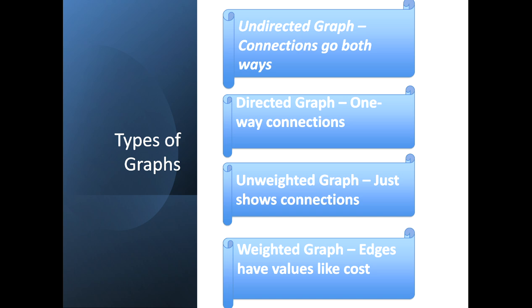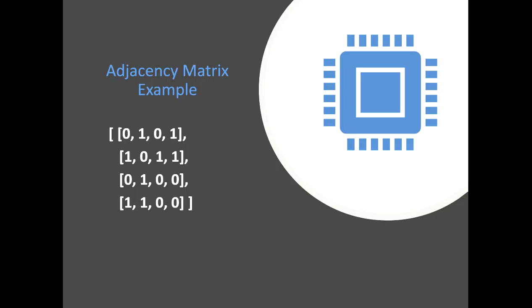Let's now move on to types of graph representation. Number one, adjacency matrix. So the sample adjacency matrix looks like this in Python. Zeros and ones.